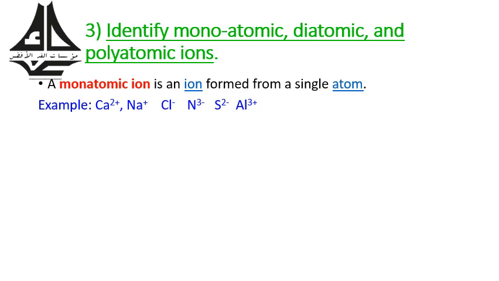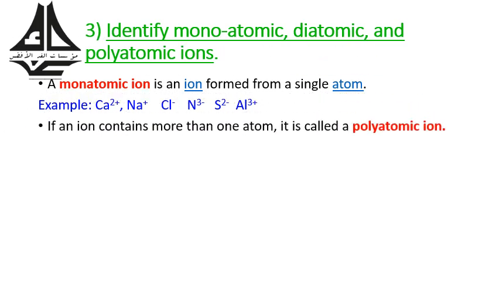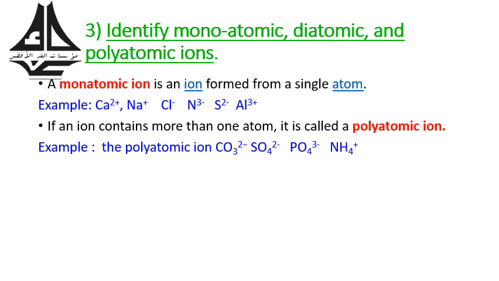As you can see, in each of these ions we only have one single atom in the structure, okay? If an ion contains more than one atom, it's then called a polyatomic ion. Example, CO3 2-, SO4 2-, PO4 3-, and NH4+. So as you can see here, we have a grouping of atoms that carry a charge.